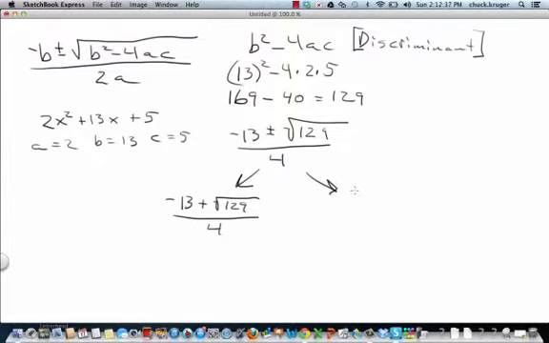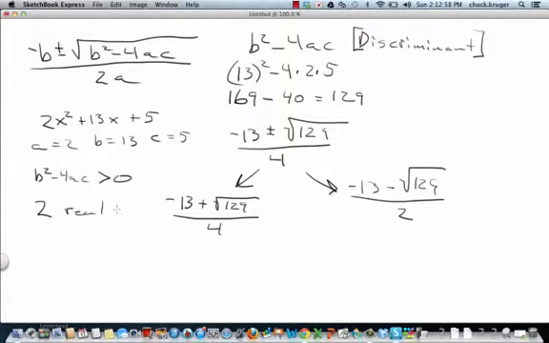So in this case, when my b squared minus 4ac was greater than 0, when it was positive, I had two real roots. What do I mean by that? I mean solutions, x-intercepts, zeros. They all mean the same thing.